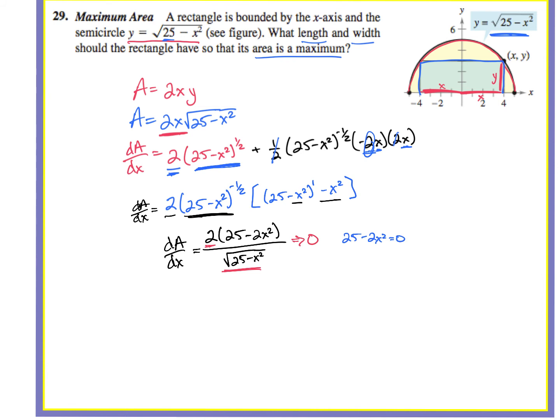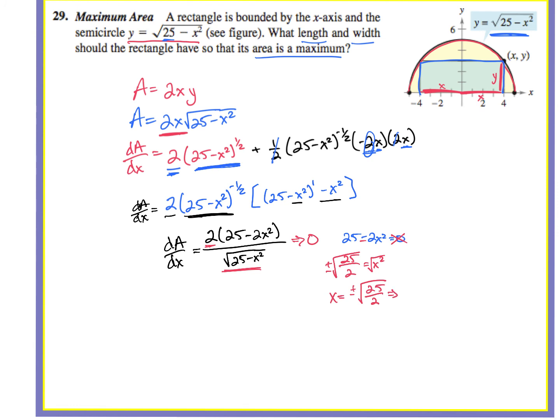So 25 equals 2x squared. Then I divide by 2, so now I have 25 over 2 equals x squared. Then we need to solve, so we're going to square root it. Truly, we have a plus and minus going on. So I end up getting x equals plus or minus the square root of 25 over 2.